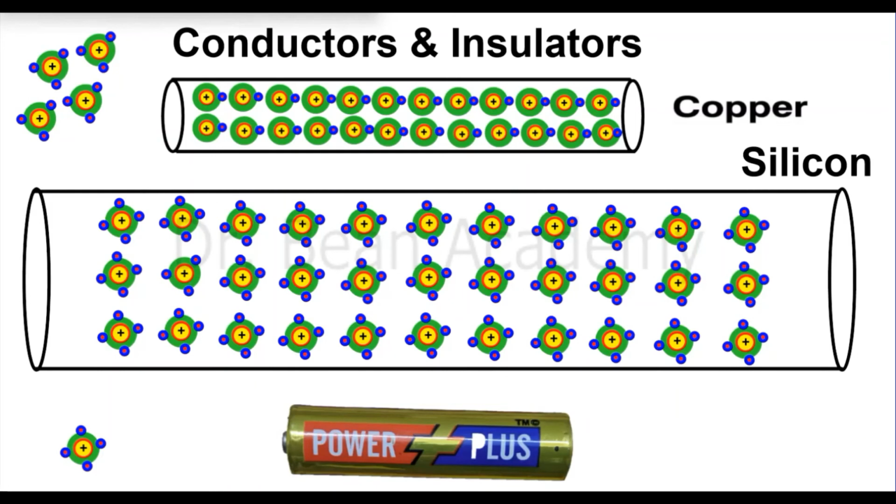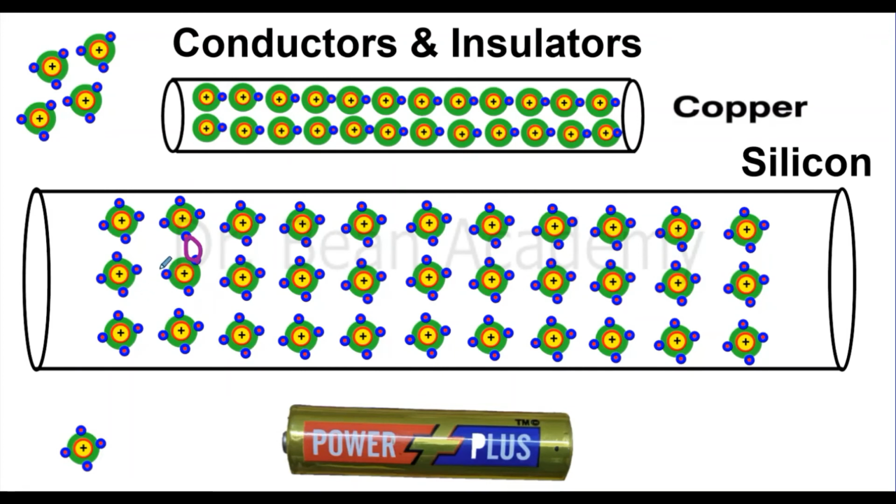So here is the first atom, and before I replace other atoms, let me see what will happen to the bonding. Here is the atom, and there are 4 neighboring atoms around this boron atom. Of course one electron will make a covalent bond with one atom.